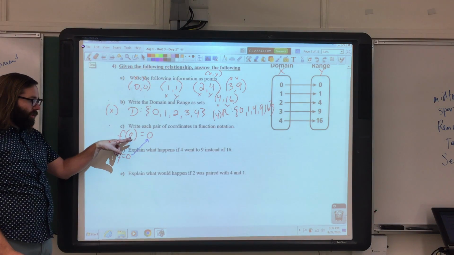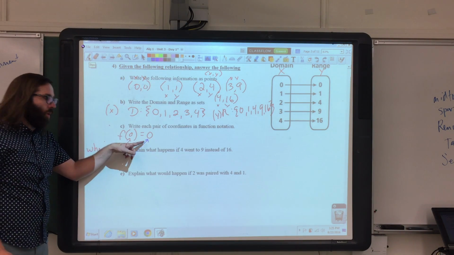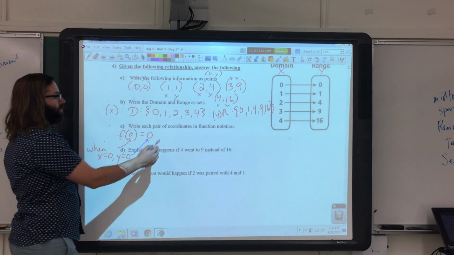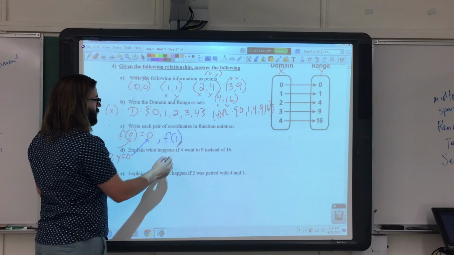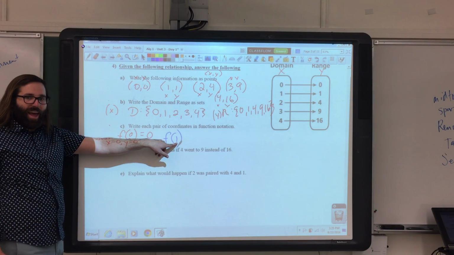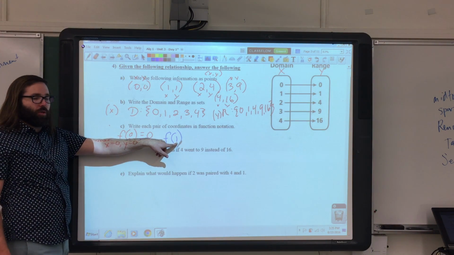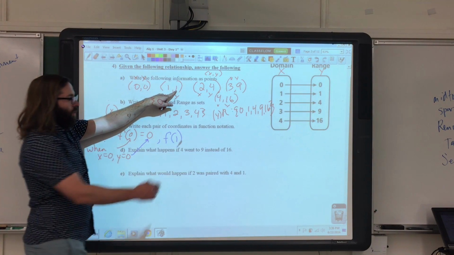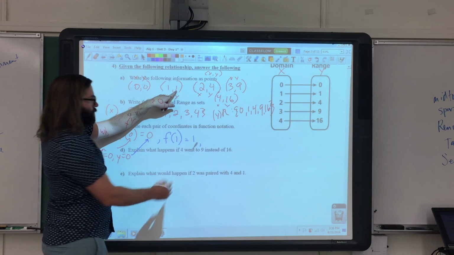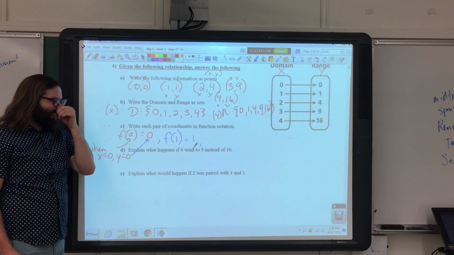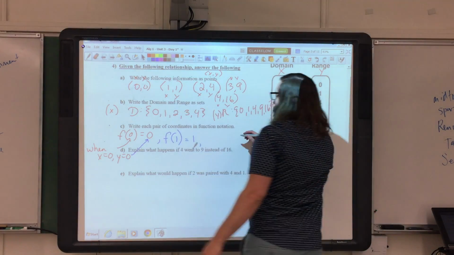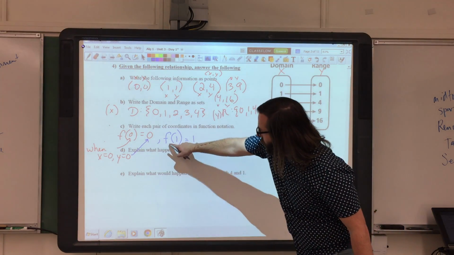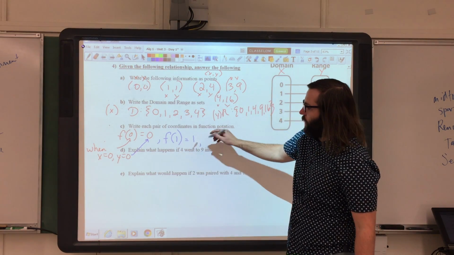When f is 0, the function at 0, or y equals 0. So let's take a look at another one. So when f is 1, so the function at 1, when x is 1, what does y equal? Okay, you look at your coordinates, y equals 1.